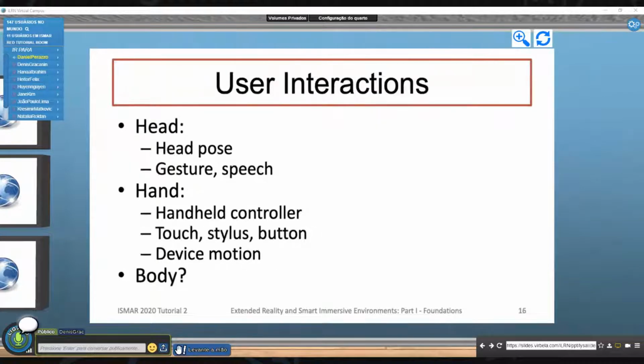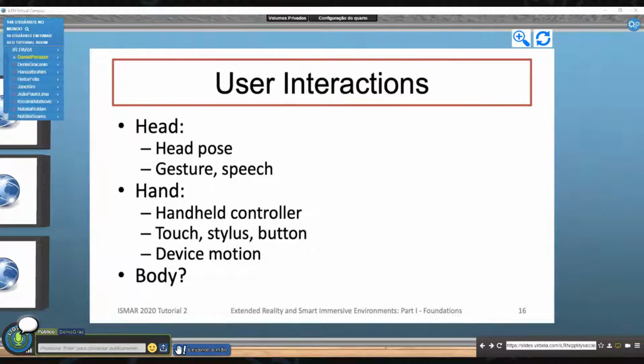So therefore, for user interaction, we can look at the head pose, where the head is oriented to, facial gestures, speech. Then we can look at the hand through handheld controller using touch, stylus, button, or motion of various devices.